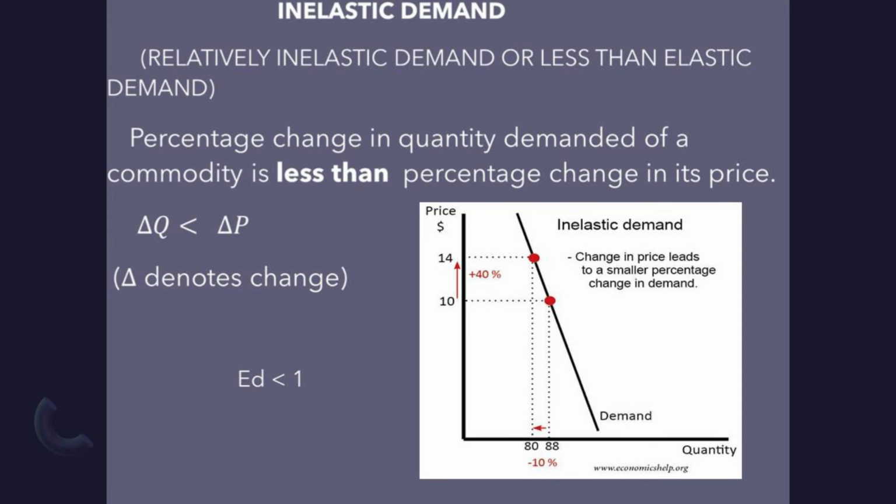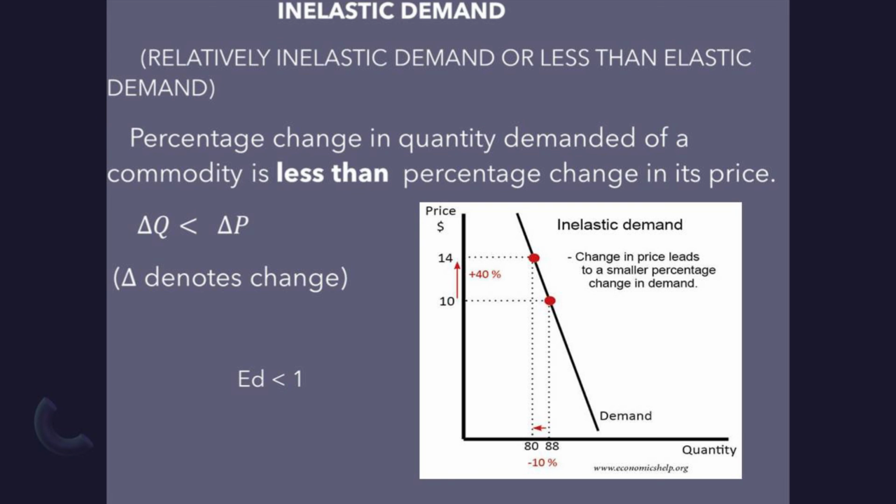The last degree of elasticity of demand is inelastic demand, which we call relatively inelastic demand or less than unit elastic demand, where the percentage change in quantity demanded of a commodity is less than the percentage change in its price. Now see the picture as well. It clearly shows that the percentage change in quantity demanded is 10%, however the percentage change in its price is 40%.